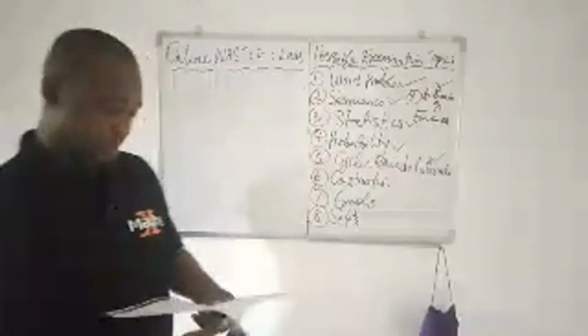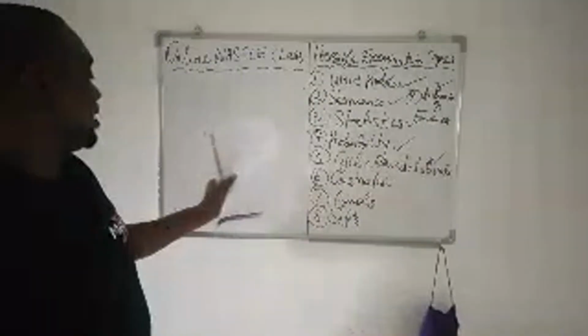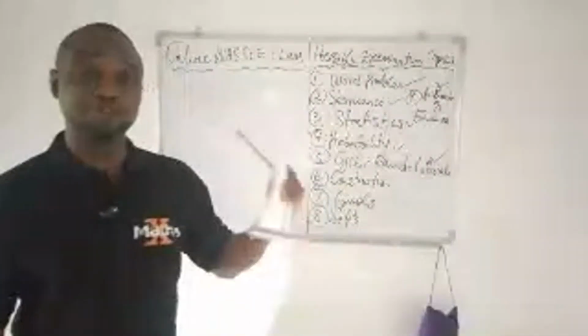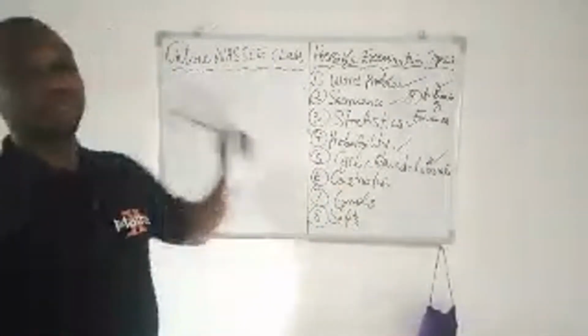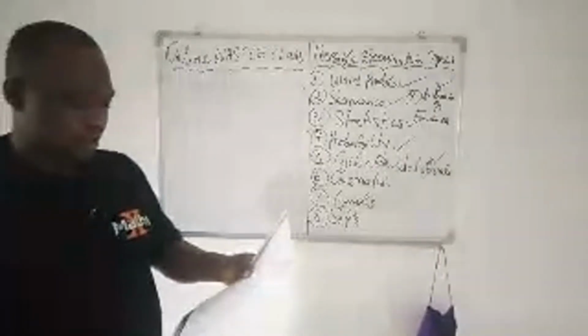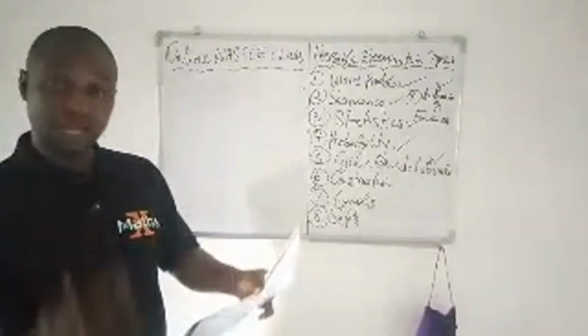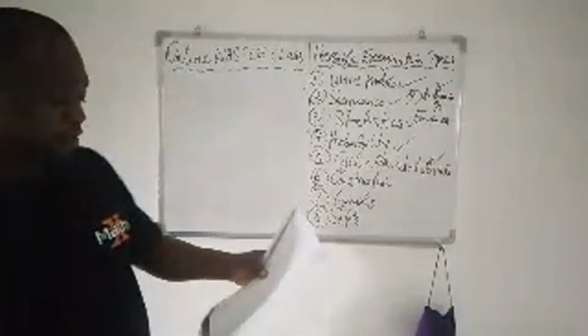All right, let us begin. So in my hands, like I said earlier, is the 2022 theory paper, which is paper 2. Let us go in question by question. I will endeavor to read. The first question goes thus.